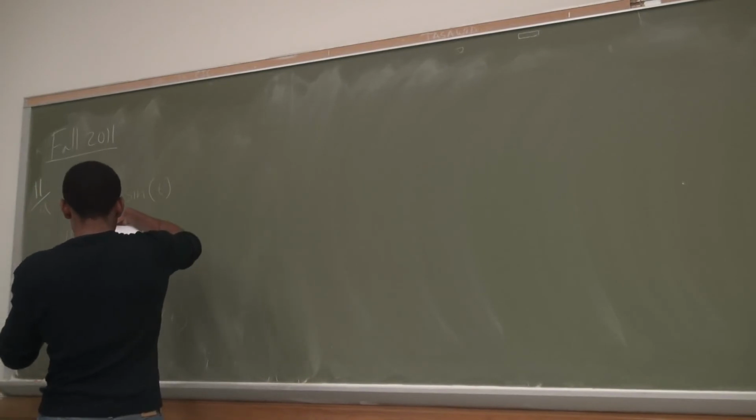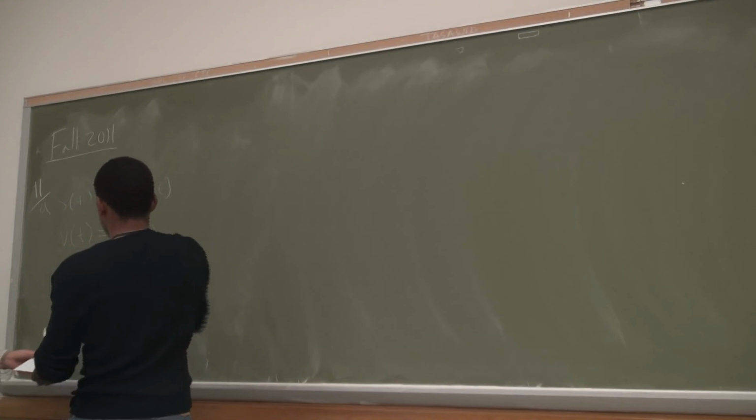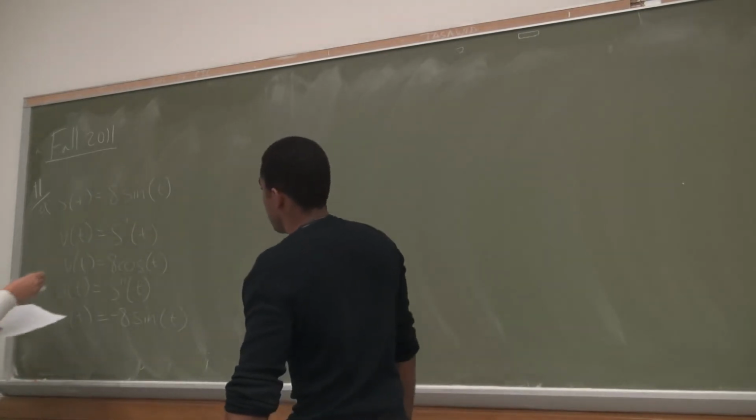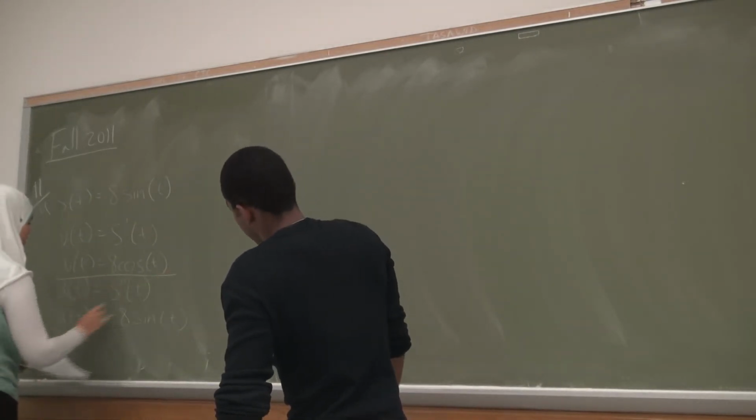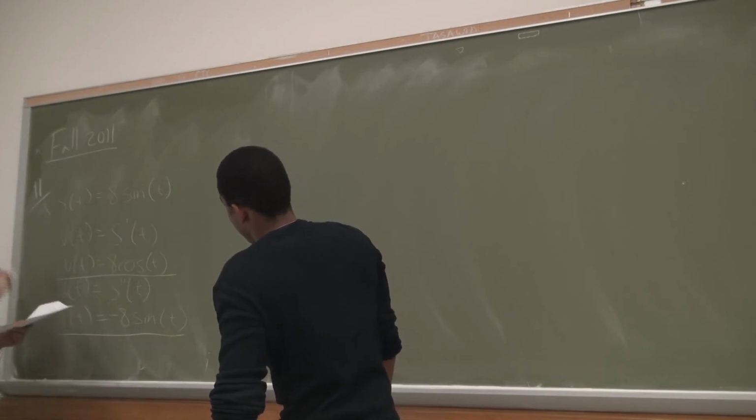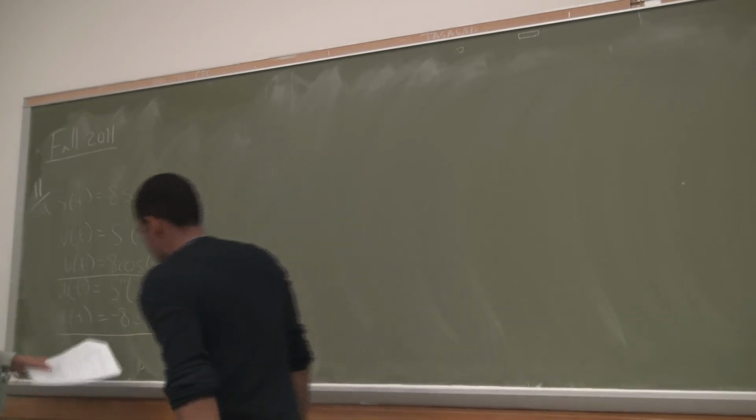So A, find the position, the velocity, and acceleration after t seconds. So label them. This is the velocity. This is the acceleration. I don't know how to find position, so if you give me like 2 minutes.